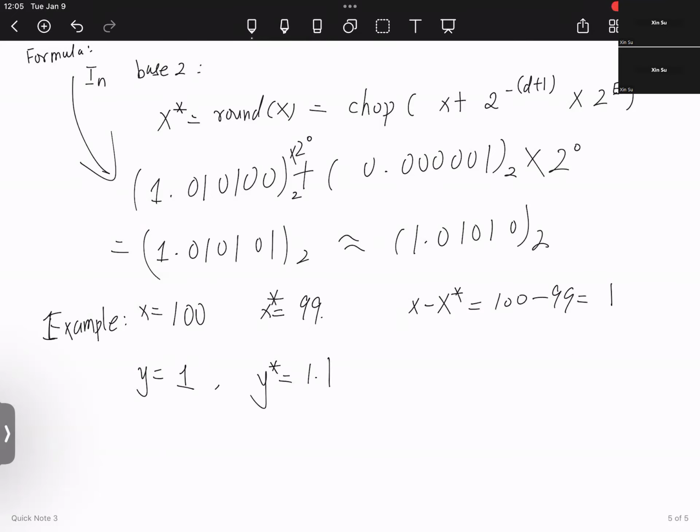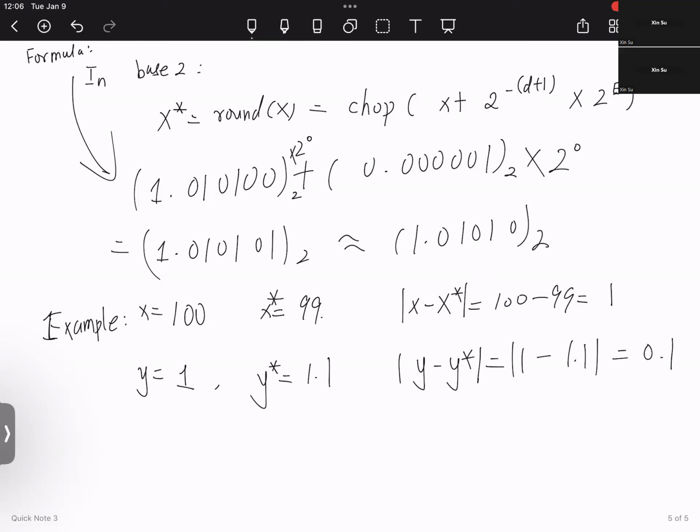This is the approximation of 1.1 for y, and this is y itself. And then what's the error here? We can do the subtraction and then take the absolute value, so we get the error |1 minus 1.1|, and this is 0.1.